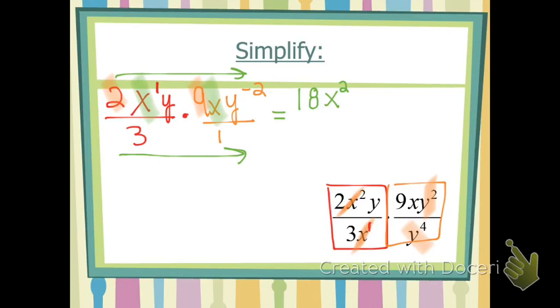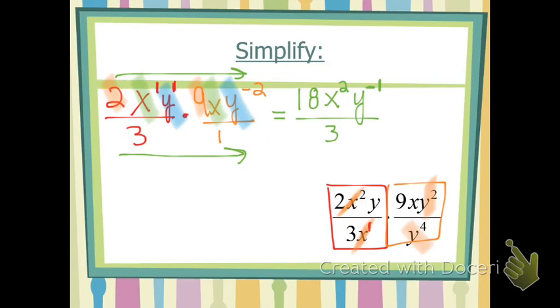And I've got y times y to the -2. This is my product of powers rule, where I keep the same base and I add the exponents. So I'm going to keep the y. I'm going to do 1 plus -2, which is -1. And then in the denominator, I've got 3 times 1.